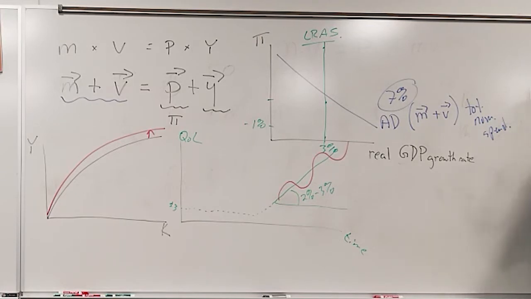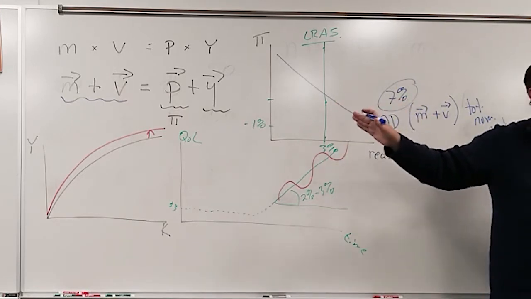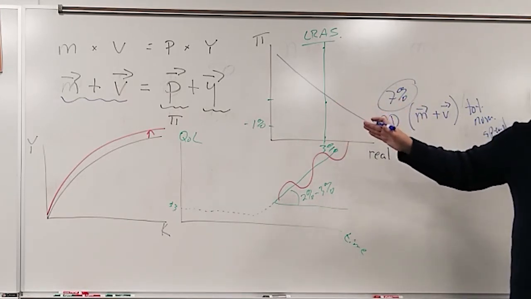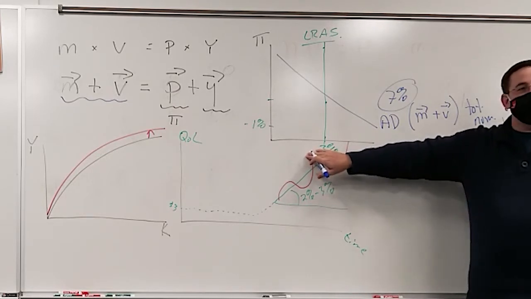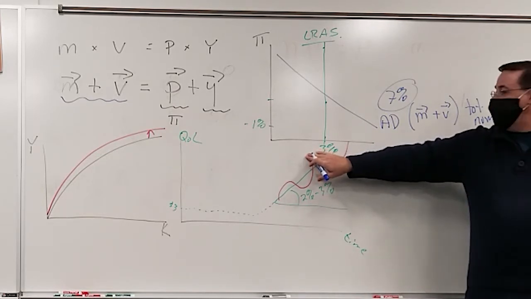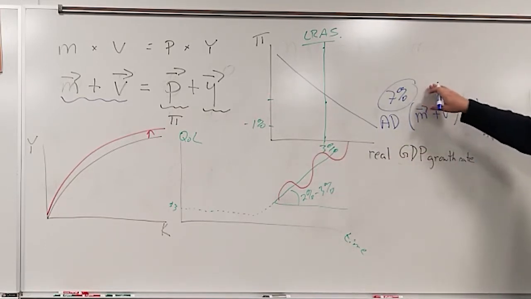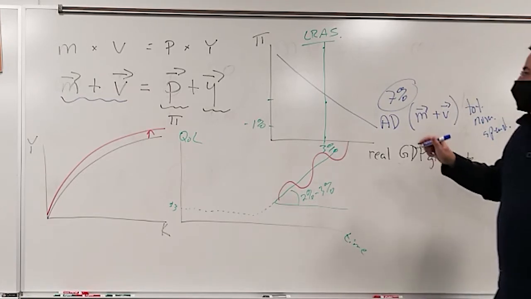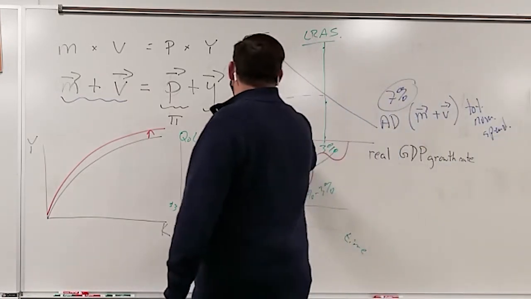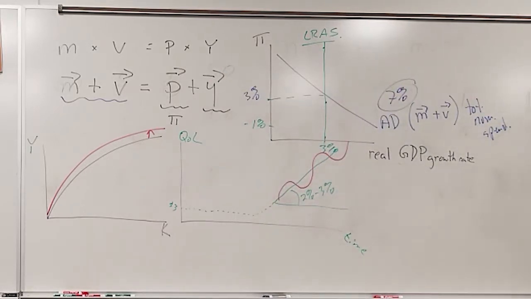Well, there has to be stuff there for you to buy it. So my supply curve demonstrates how much stuff there is available to buy. And we've said that the amount of stuff available to buy has increased by 3%. So there's 3% more stuff being bought, but you spent 7% more dollars. What must that mean? It must mean that the prices of all the things that you bought went up by 3%.